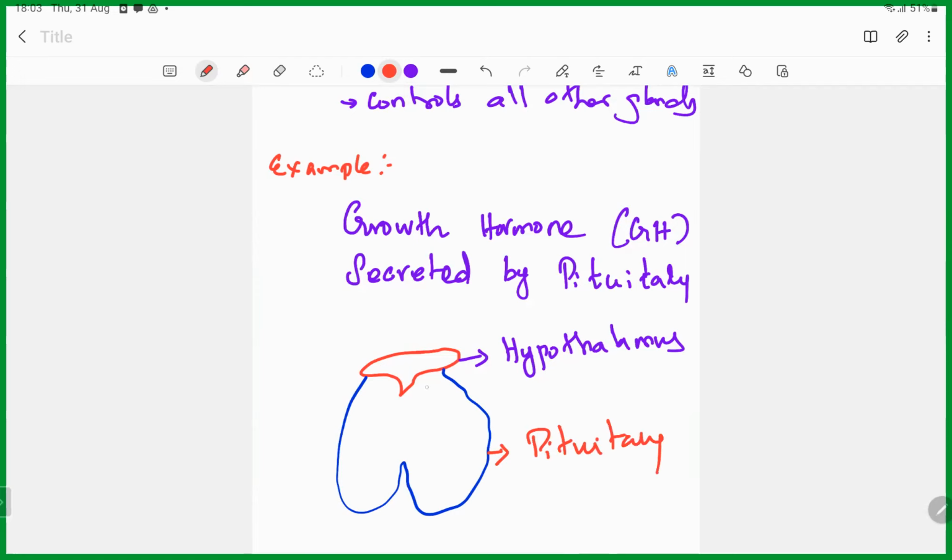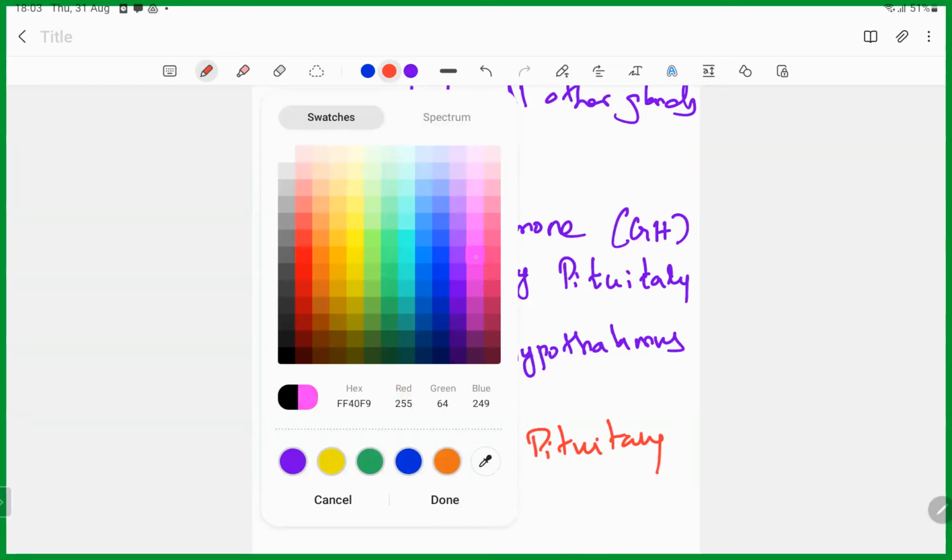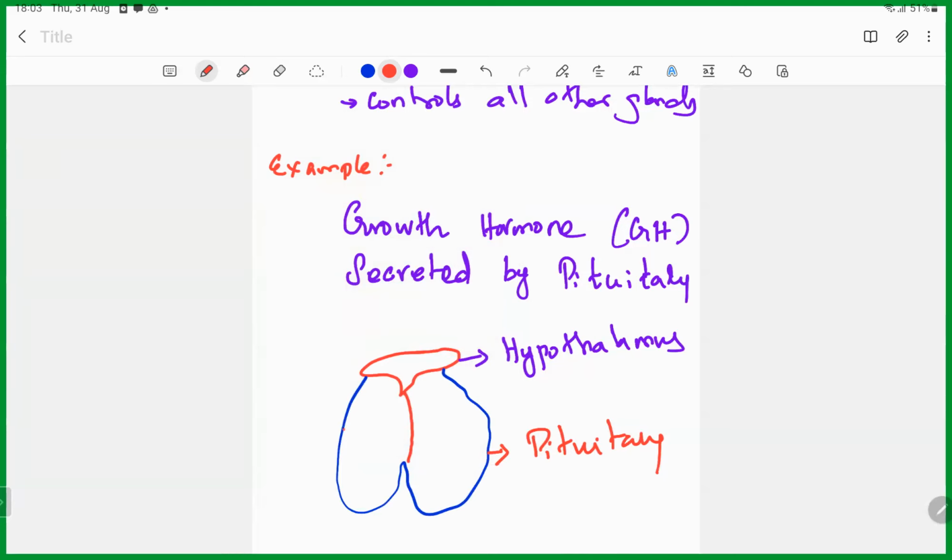In the pituitary, there are two regions. This is the anterior pituitary, and this is the posterior pituitary.